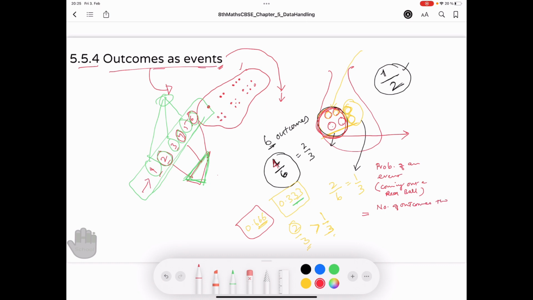An event, as we have already seen, is a group of outcomes which have a common property, and in this case these are all red balls, so 4 outcomes have the common property of being red. That's the formula.